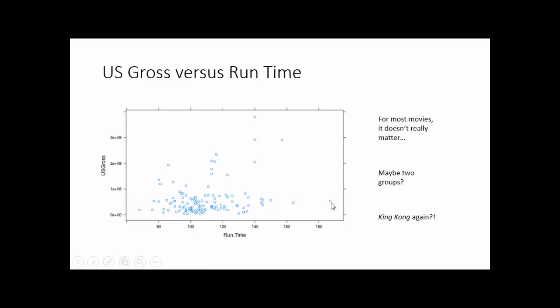It turns out that there was an error in the U.S. gross numbers as they were entered into the data set. I went back to IMDb, and it turns out that they messed up not only the budget, but also the U.S. gross, and dropped an extra zero at some point there. And so actually this point ought to be way up, high up here. So it would fit that pattern.